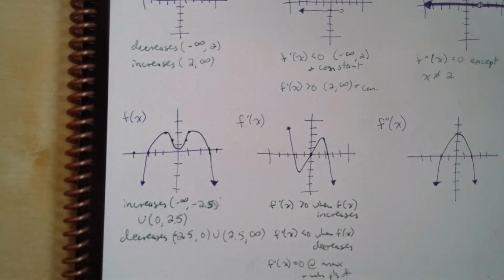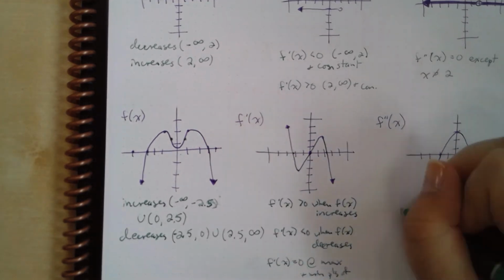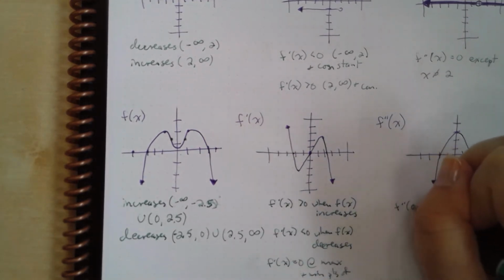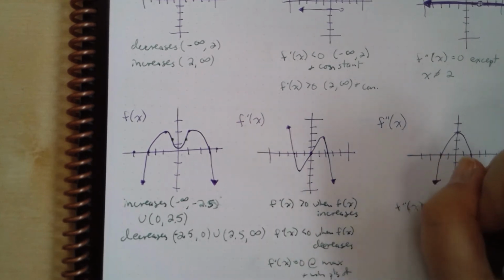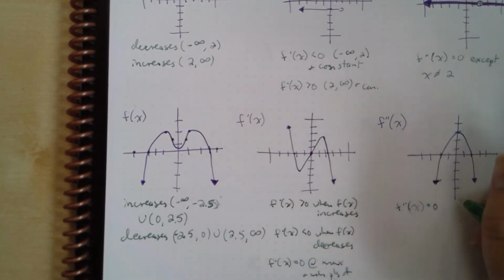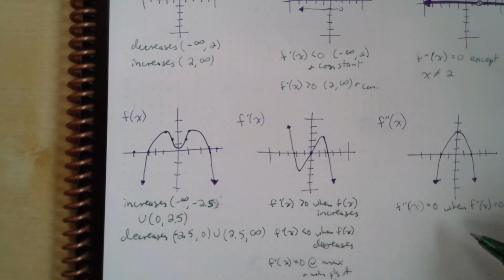Finally, we'll look at our f double prime of x. Well, f double prime of x is equal to 0 when f prime of x is equal to 0 at those minimums and maximums, right?